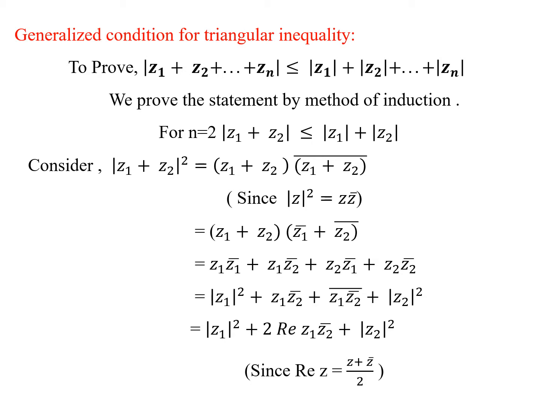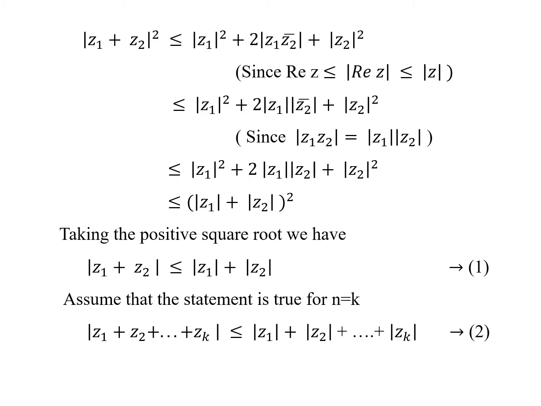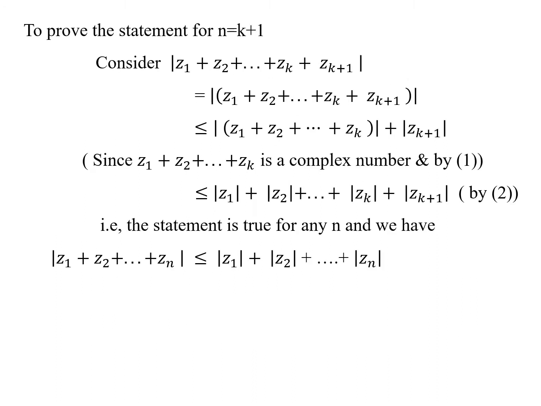We assume that the result is true for n equal to k. Now we prove the result for n equal to k plus 1. We take the modulus of z1 plus z2 plus etc. up to zk plus zk plus 1. It can be split into two: z1 to zk as one term, and zk plus 1 as the next term, because we know the result only up to k.